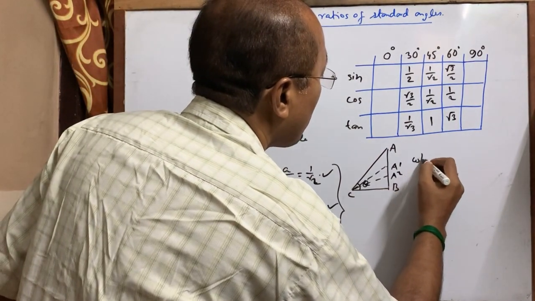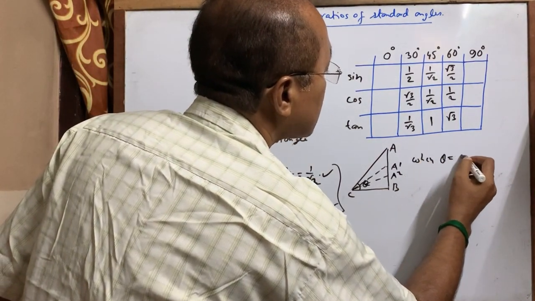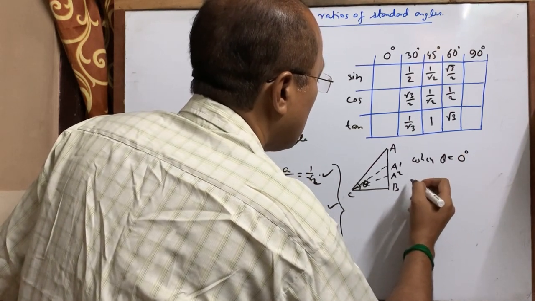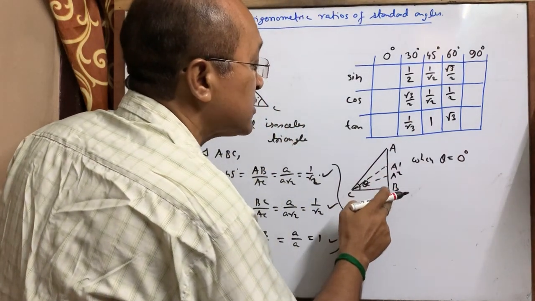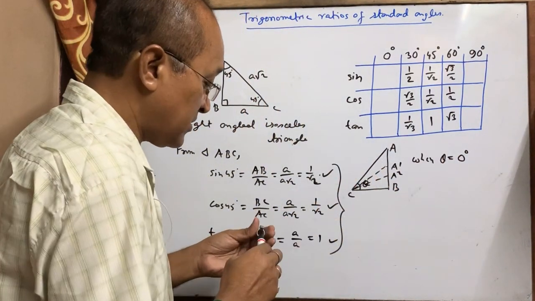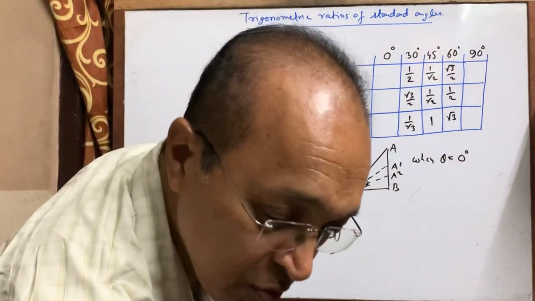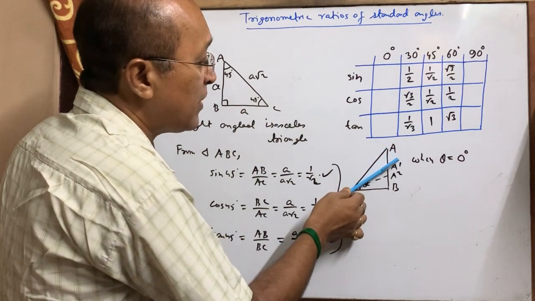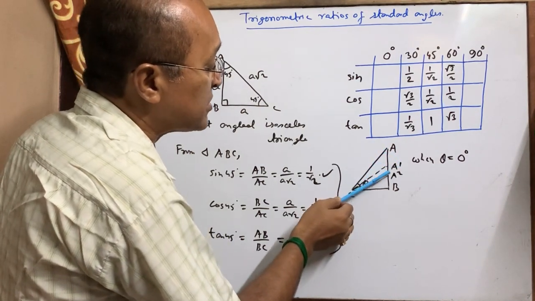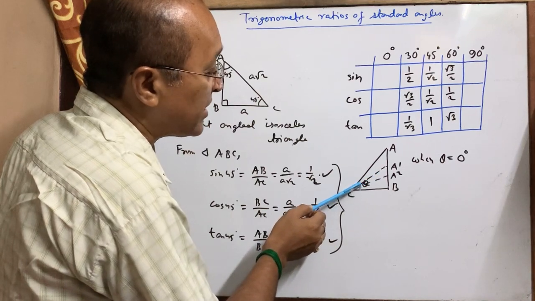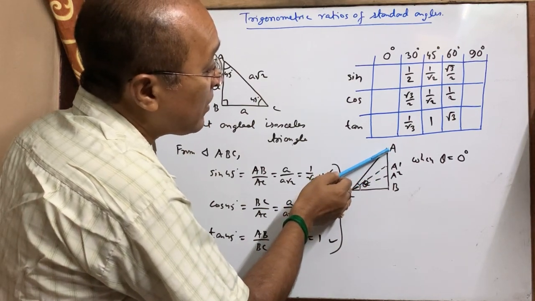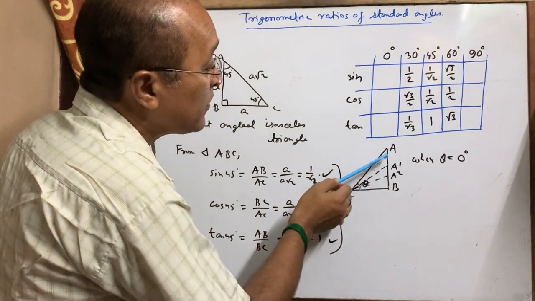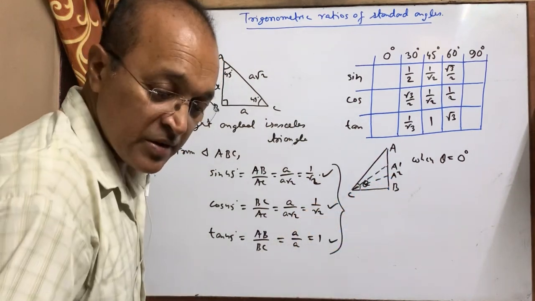When theta is close to 0, height becomes 0. A is actually getting down. When the angle decreases, A comes to A1, then to A2. In this way, when theta becomes 0, A will coincide with B, isn't it?